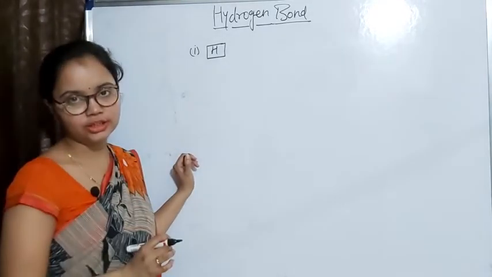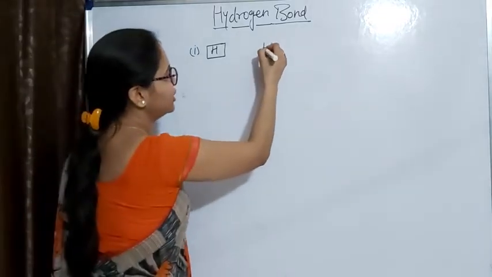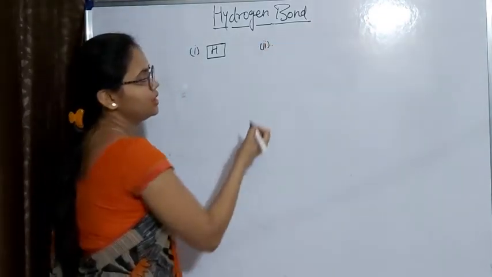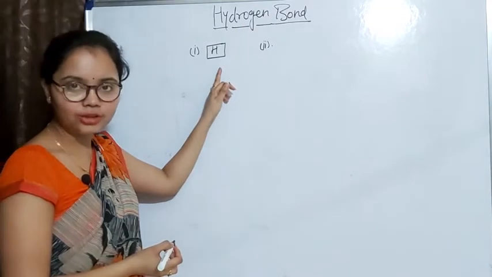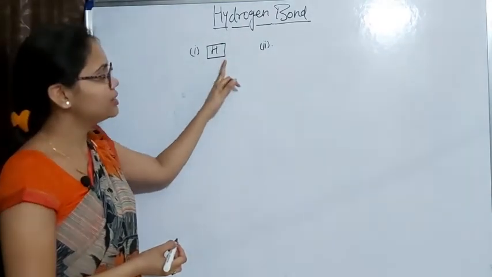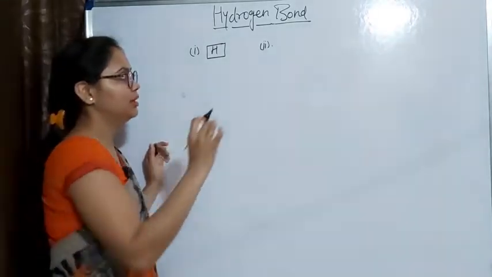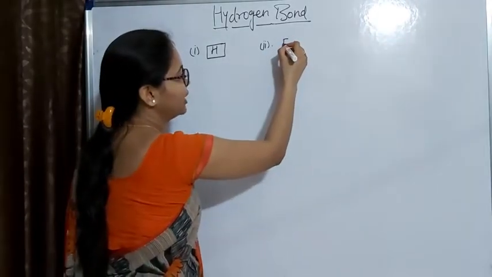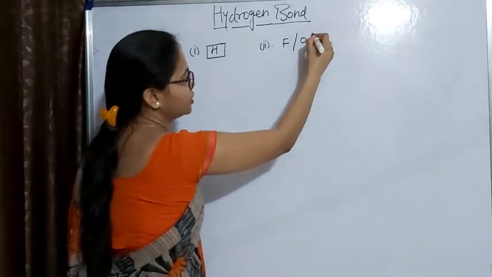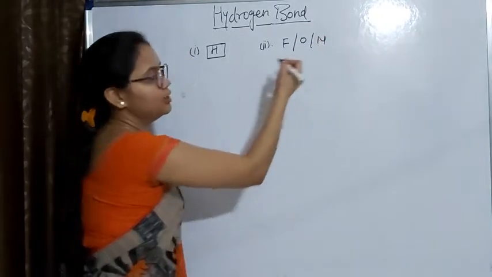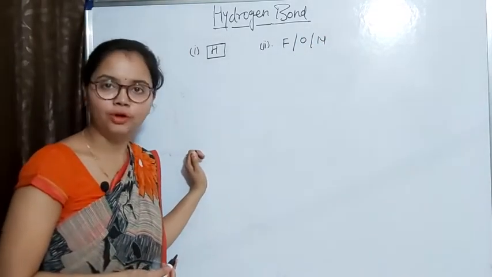Now the second condition is that along with the hydrogen atom, a highly electronegative element like fluorine, oxygen or nitrogen is also present in the molecule.